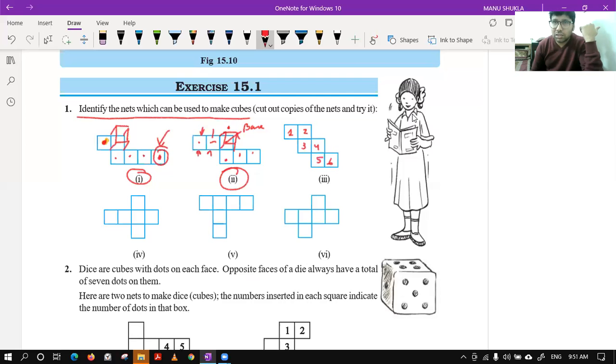Let me make the third one as the base. Tell me what will happen to 2. 2 will come on which side? It will come on this side, the side face on this side. 1 will come on this side. If I'm not wrong, 1 will come like this, again on the side, because it is folded like this.